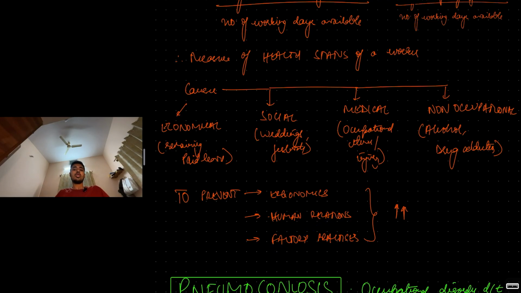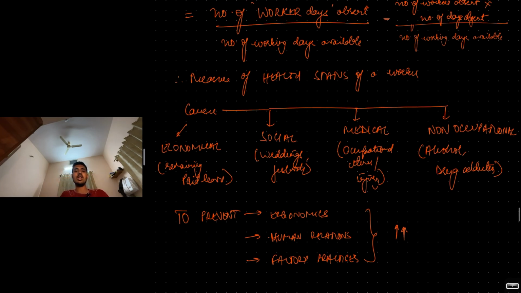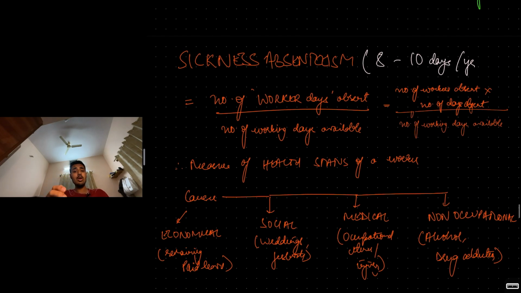By having good ergonomics, it improves the worker well-being. By having better human relations, it improves the worker well-being. By having better factory management practices, this will improve efficiency and worker well-being. So then the worker won't feel like utilizing all the sick leaves. So that is the way to decrease sickness absenteeism and to improve the health status of a worker.